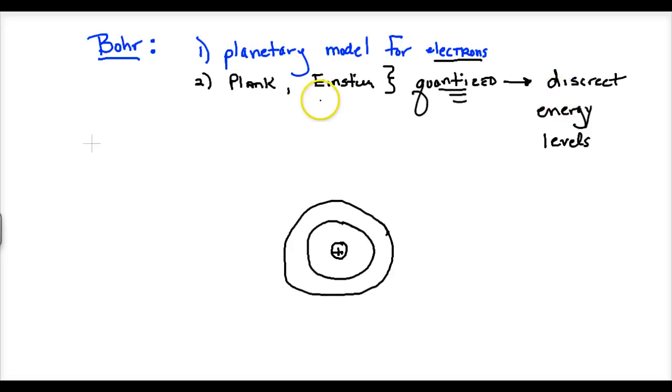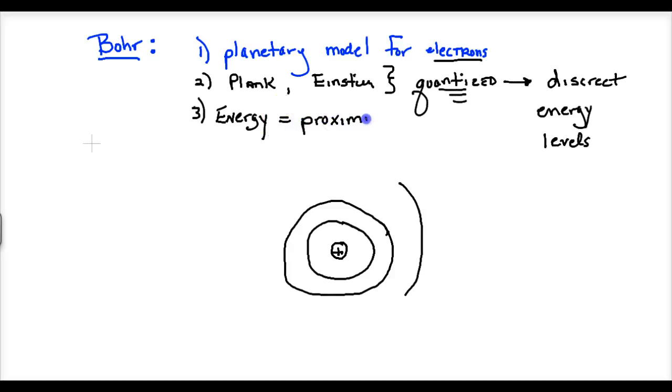Now, according to the Bohr model, electrons' energy levels were specific to their proximity. So the third idea is that the energy of these quantized states for an electron was based on proximity. How close were you to the nucleus?